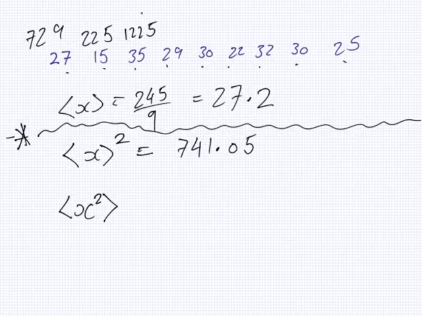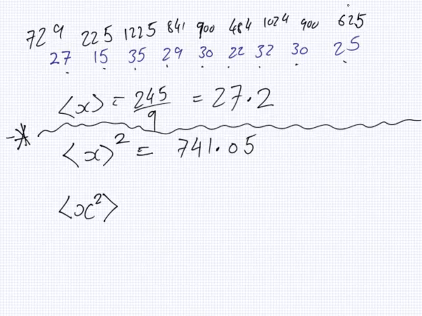I can't do the other one in my head. 841. 900. 484. 32 squared is 1024. 906.25, I hope. 729 plus 225 plus 1225 plus 841 plus 900 plus 484 plus 1024 plus 900 plus 625. 6953 over 9.